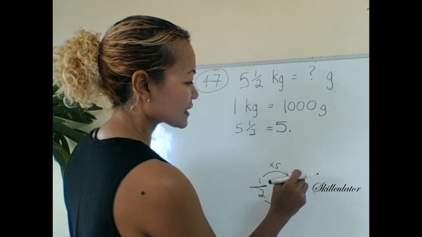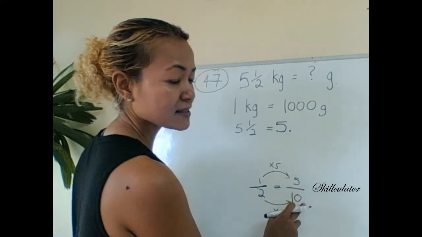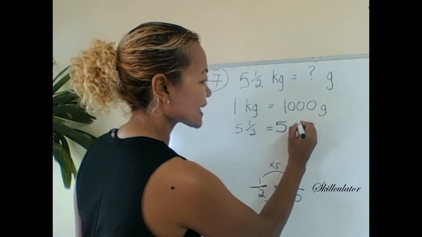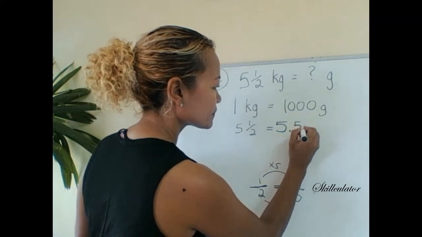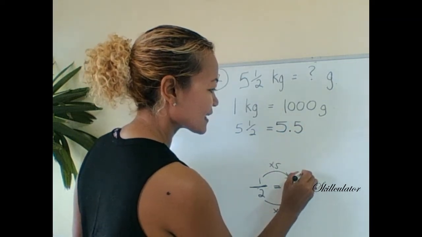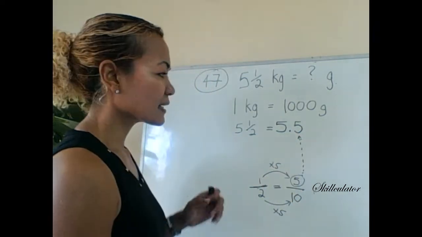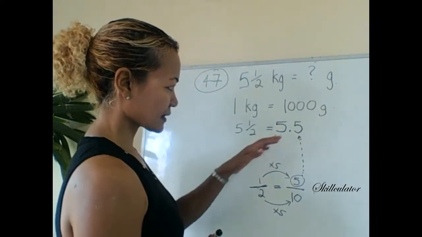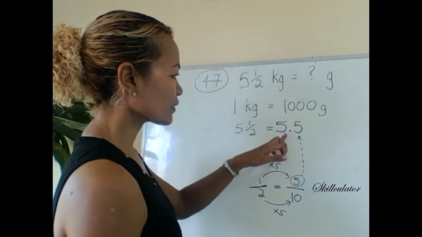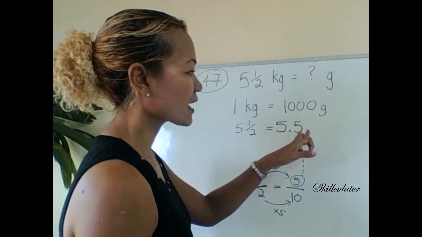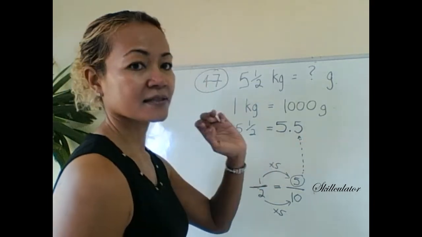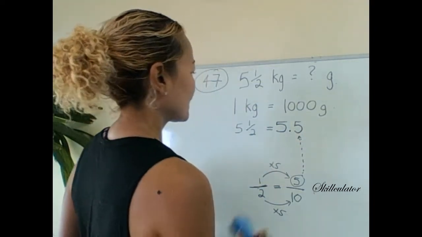That 5 tenths goes straight into the tenths column in that number. Remember decimal point, tenths, hundredths, thousandths. Okay?